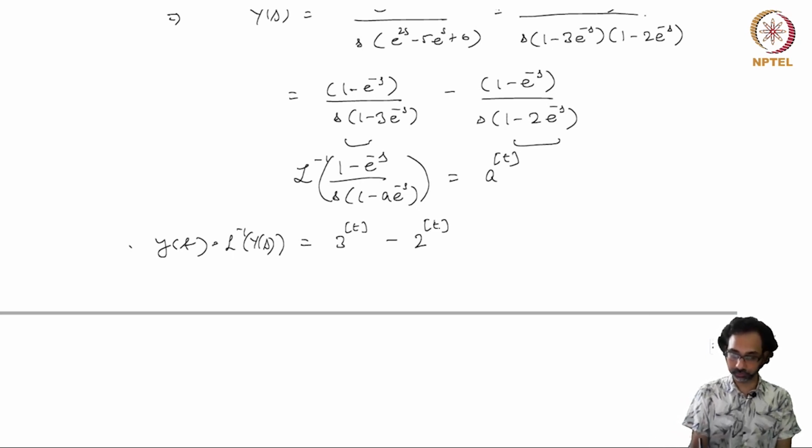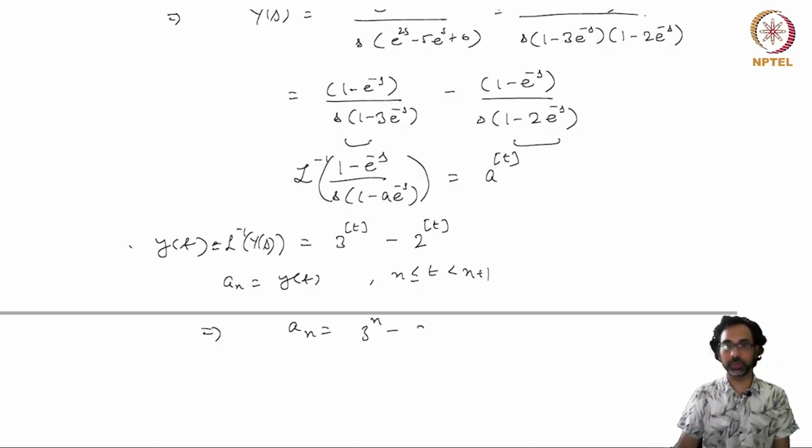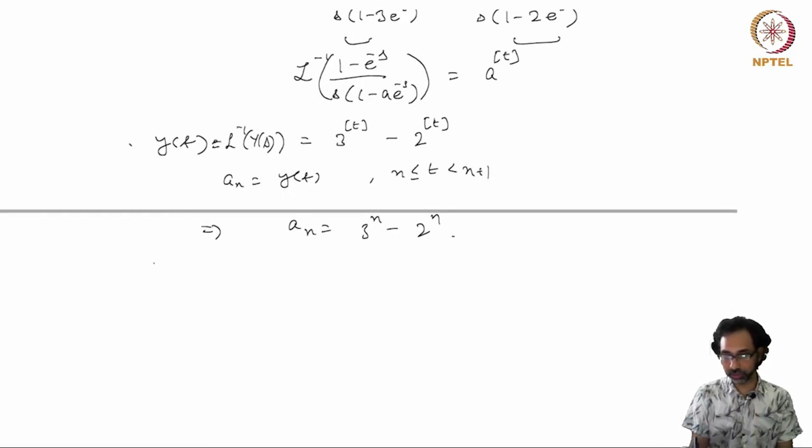And since a_n is y(t) for n ≤ t < n+1, this implies that a_n is 3^n − 2^n. So as an exercise, check that this solves the recurrence relation.